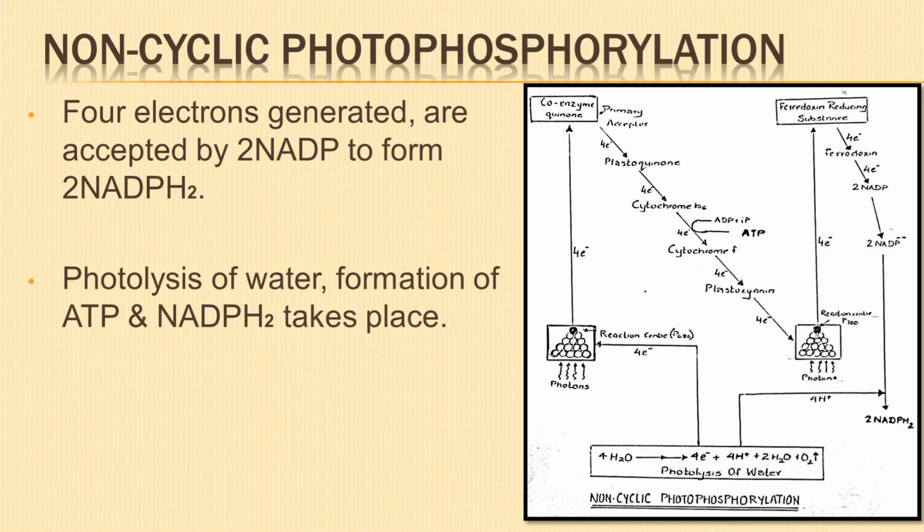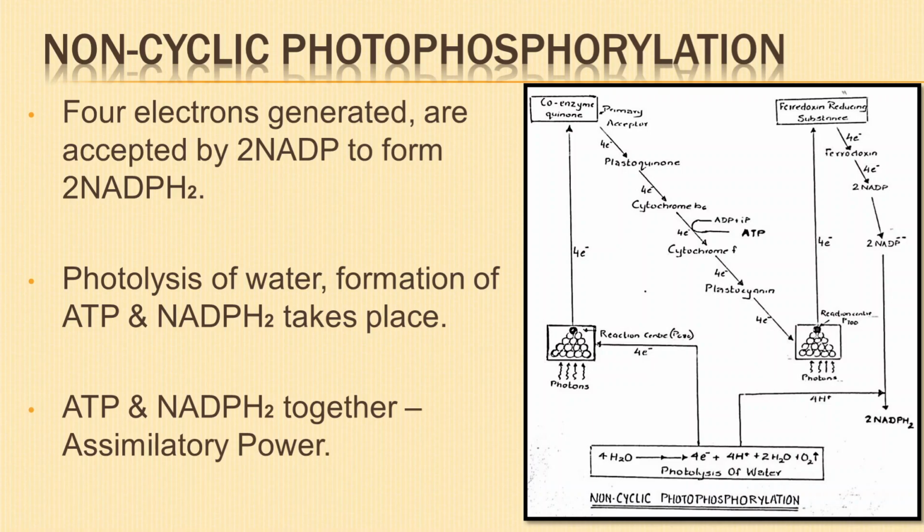Therefore, non-cyclic photophosphorylation is concerned with photolysis of water, formation of ATP and NADPH2 molecules. ATP and NADPH2 are together known as assimilatory power.